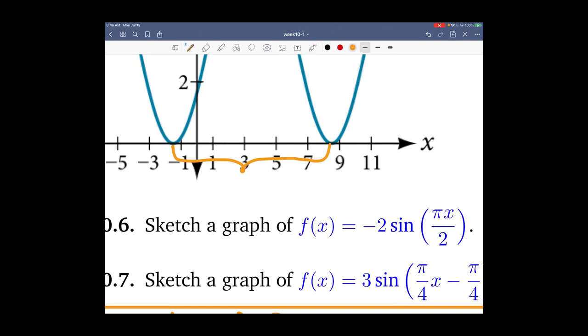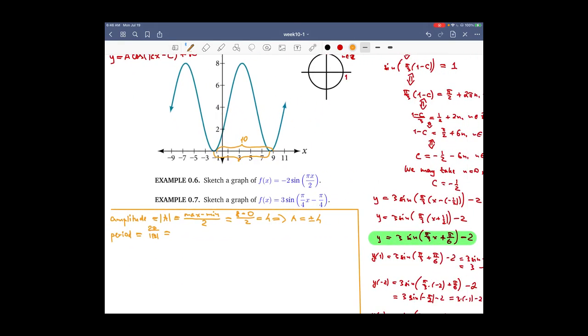So this distance here seems to be the same as between -1 and 9, which is, of course, 10. So the period here is 10, which immediately implies that absolute value of b is 2 pi over 10, which is pi over 5. This implies that b is plus minus pi over 5.